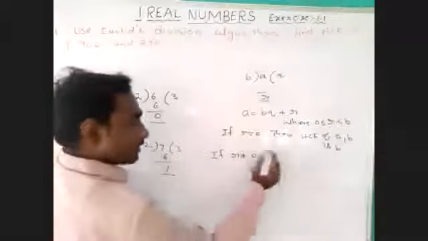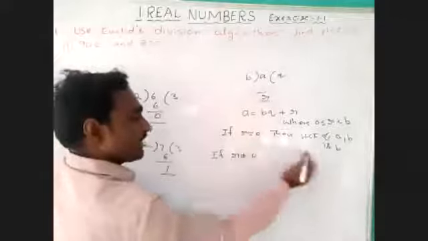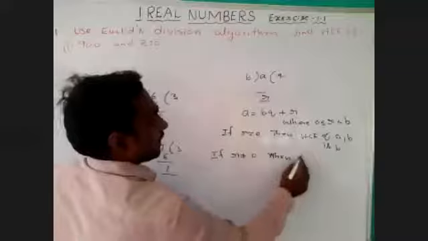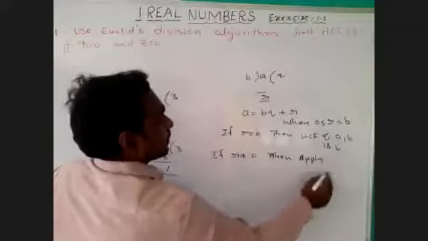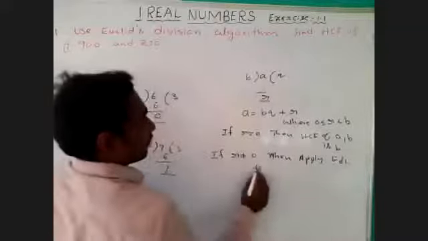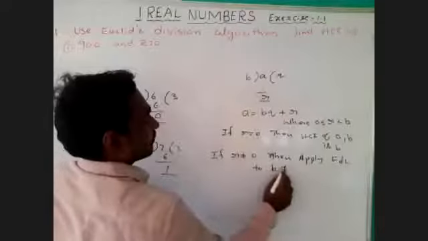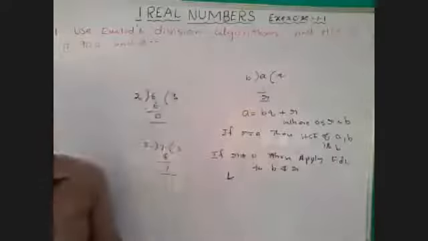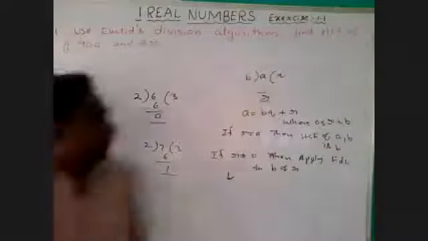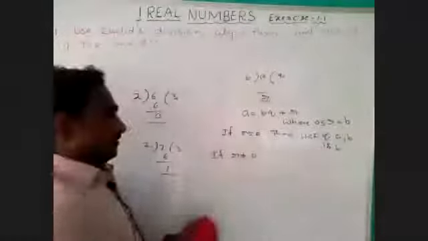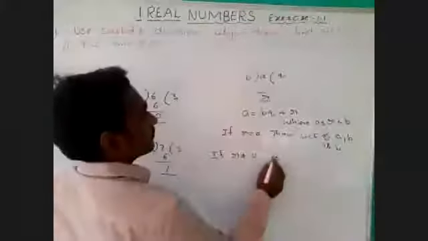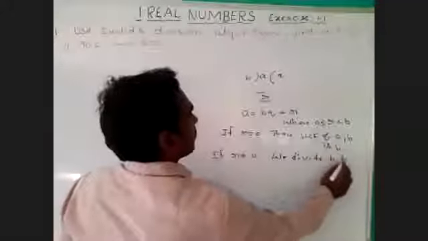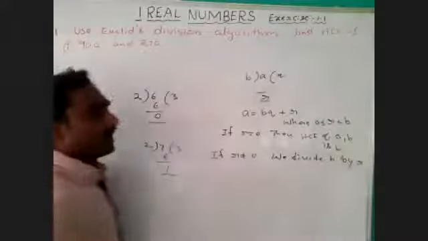So apply Euclid division lemma to B and R. That means we divide B by R, divisor by remainder.